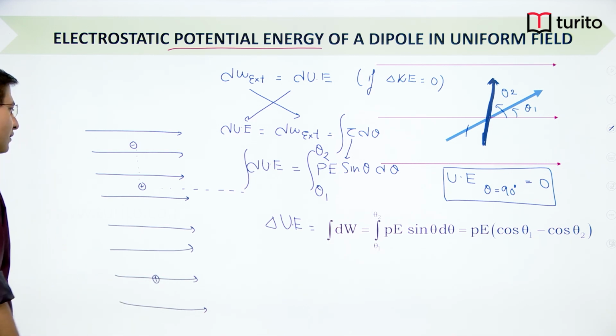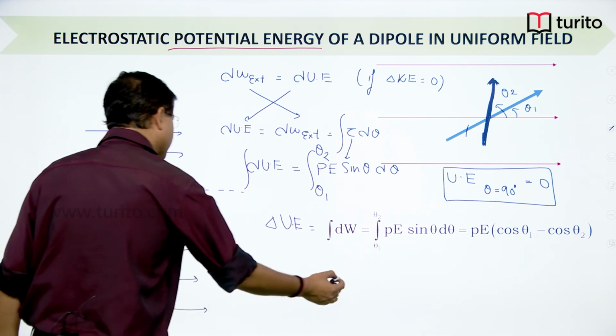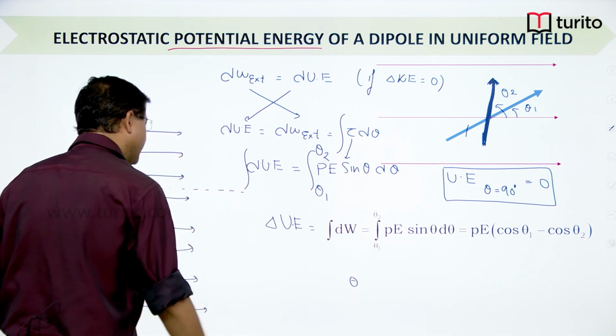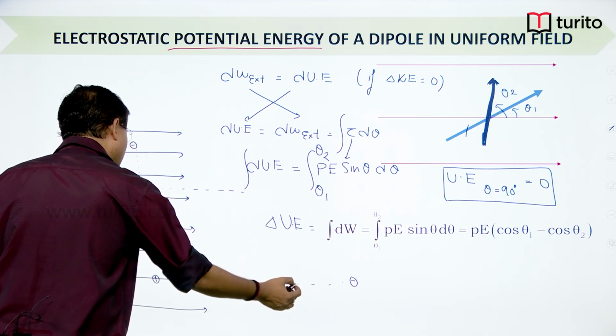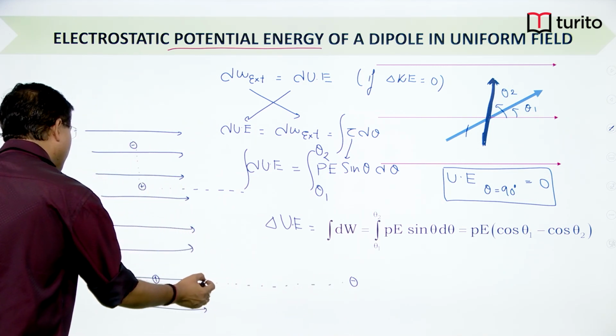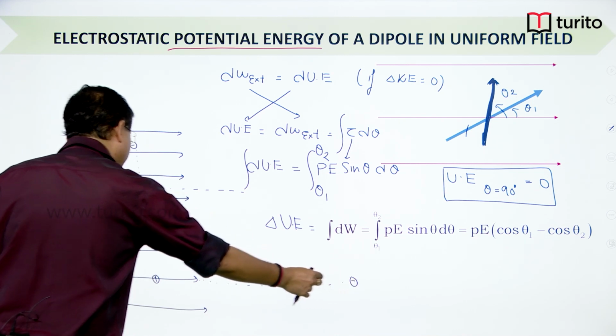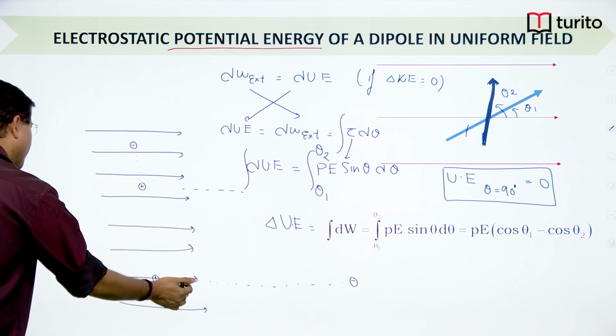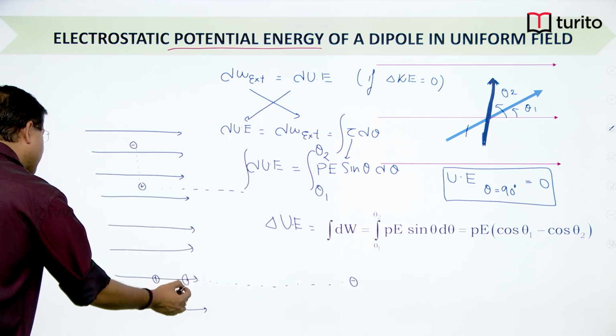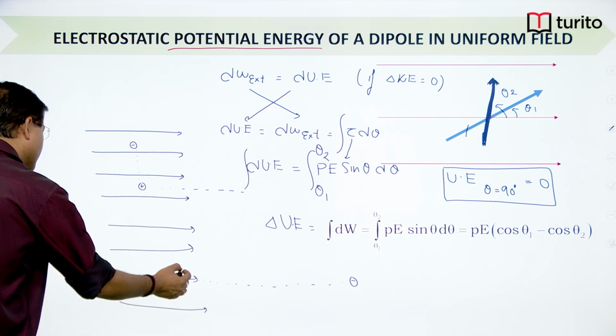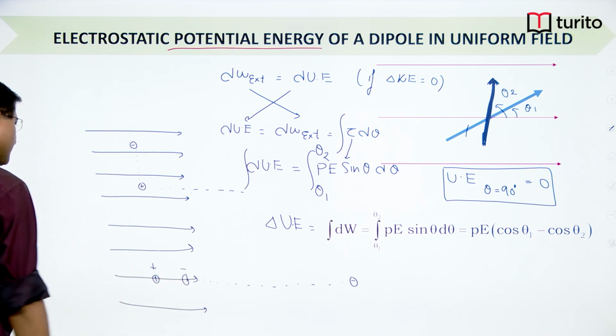Some amount of positive work you are doing, right. Now you are bringing negative charge from infinity and you are not placing exactly over this one, you are placing some distance lesser than that, right. So this is negative charge, this one is positive charge.